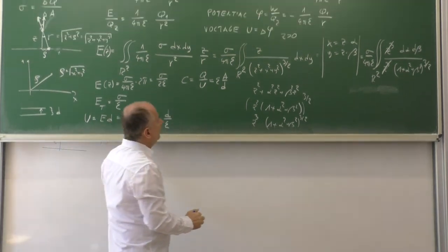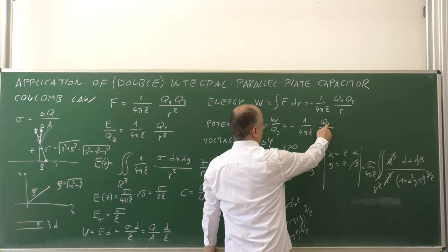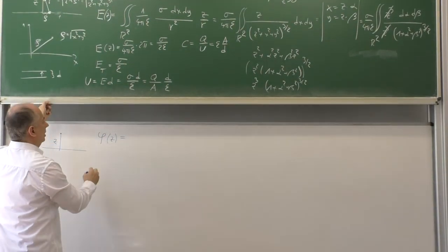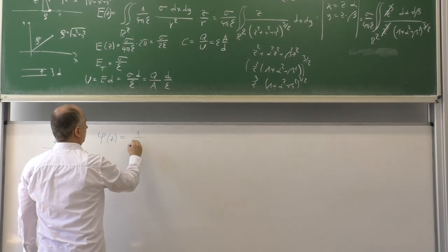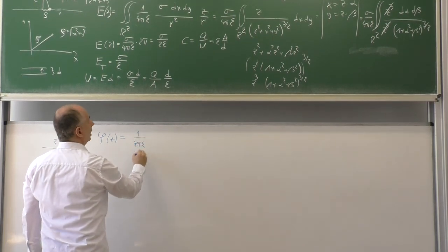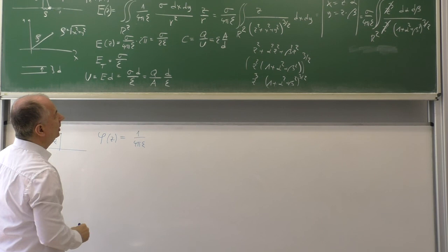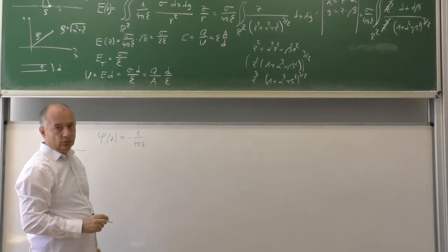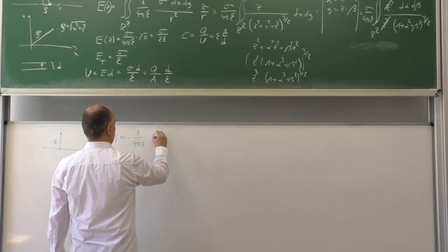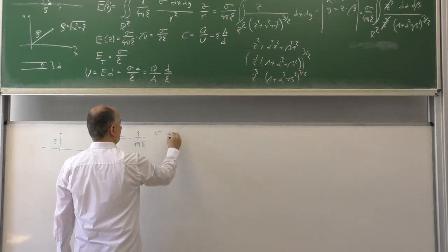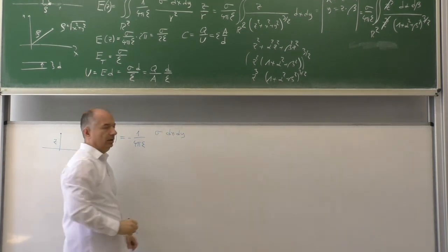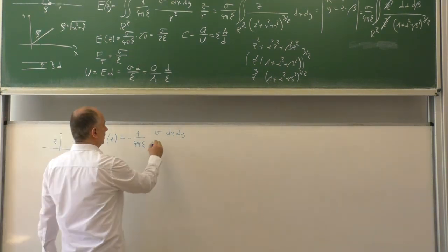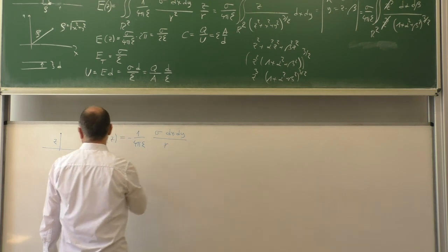So, for one charge, Q1, the phi is given by this formula, 1 over 4 pi epsilon with minus, and Q, the charge, is the charge density sigma times dx dy, the element of the surface, divided by the distance r.